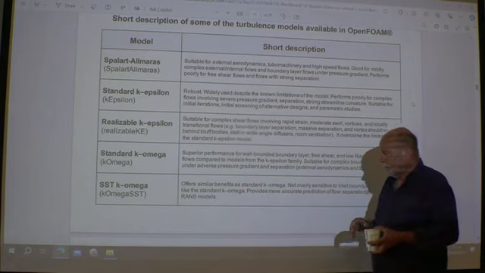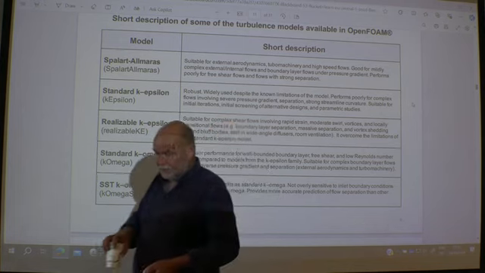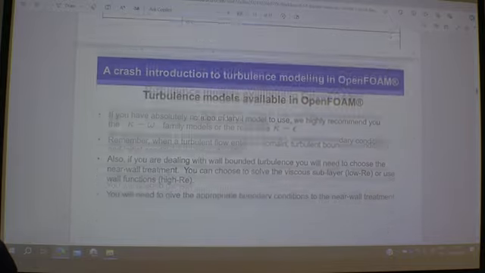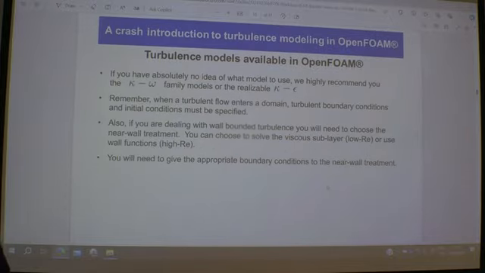So that can also be a very, very good idea. And as a recommendation here, if you have absolutely no idea, either realizable k epsilon or use the k omega SST.